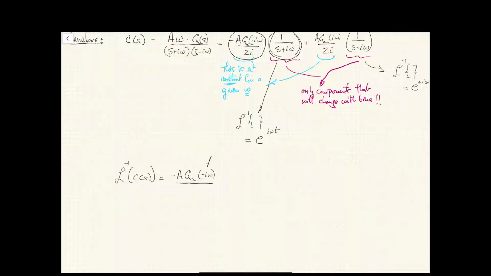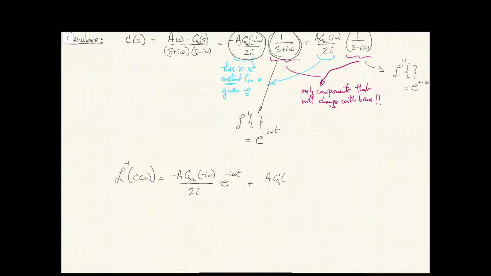This would be my domain, and this would be my range, as we do our polar representation on the S-plane like we did last week in our phasor notation review. This is what I'm going to have.